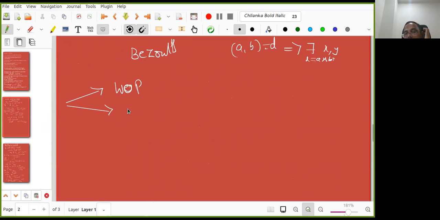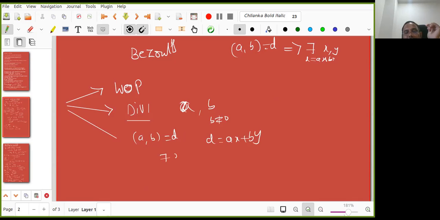Next is the division algorithm. And whenever you have two integers, one of them non-zero, you can have their GCD, and not only that, D is equal to AX plus BY for some X and Y. This is Bezout's identity.